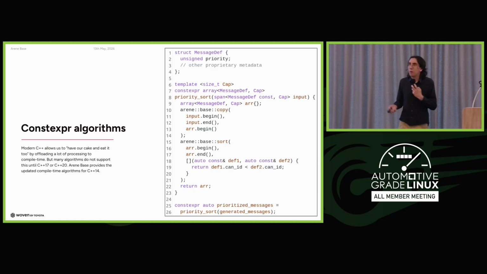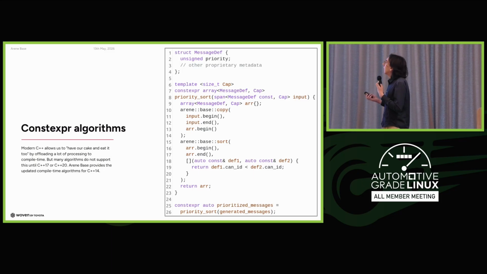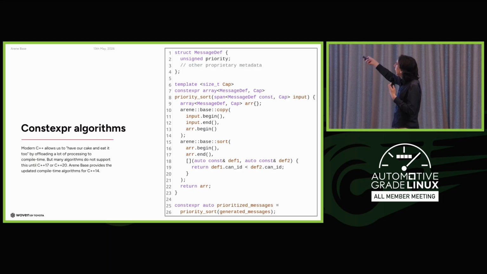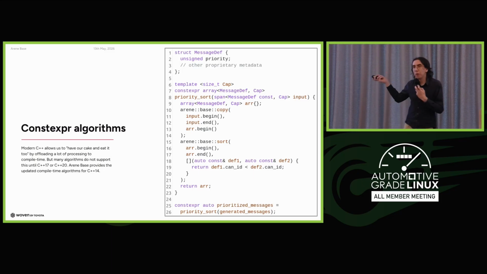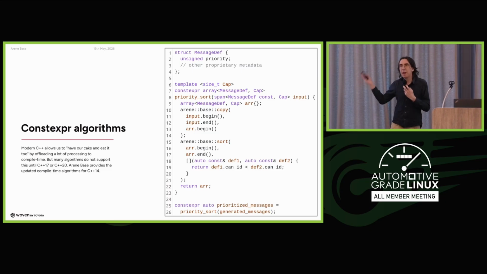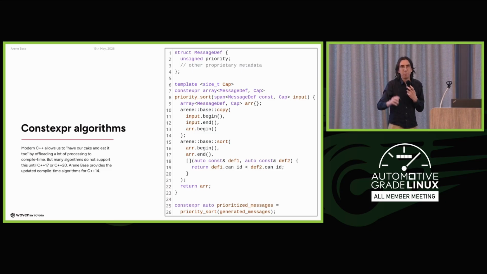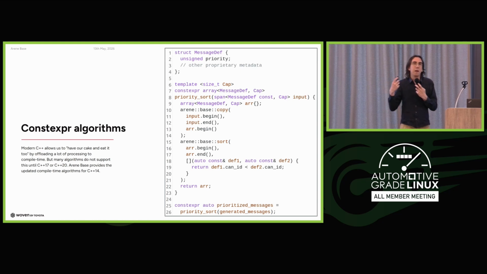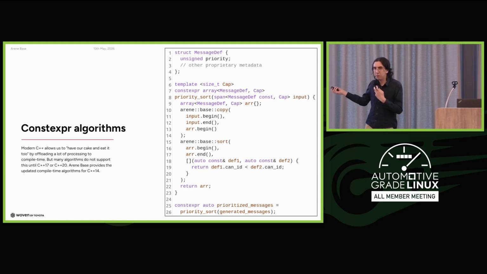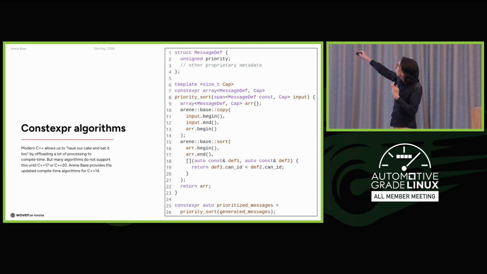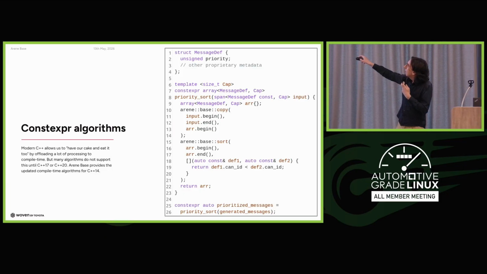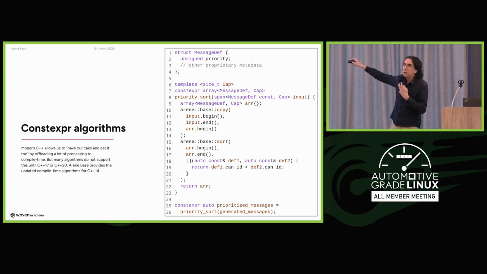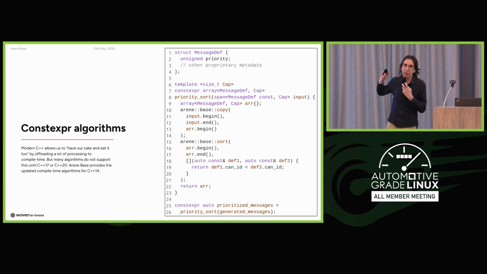And what this example here allows is to sort those messages by priority at compile time using normal code, no weird template tricks or anything like that. You have this list of messages at compile time and all you're doing here is copying them and then sorting them using the priority as a key.